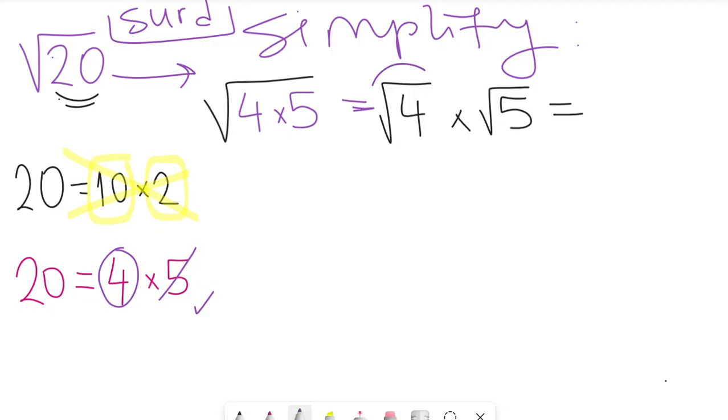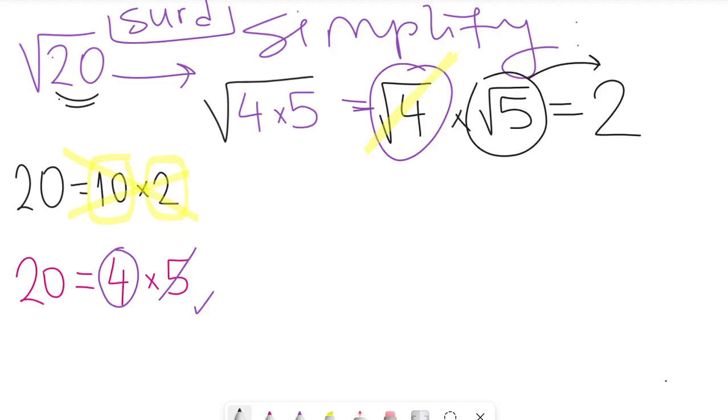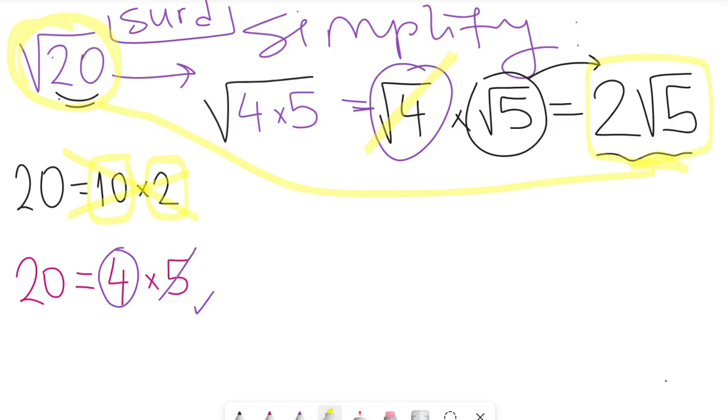Do we know square root of 4? What did we say? What times what will give us 4? It's 2. Excellent. Do we know square root of 5? No, so it stays the same. Here it is. So square root of 20 is simplified to 2 radical 5. 2 square root of 5.